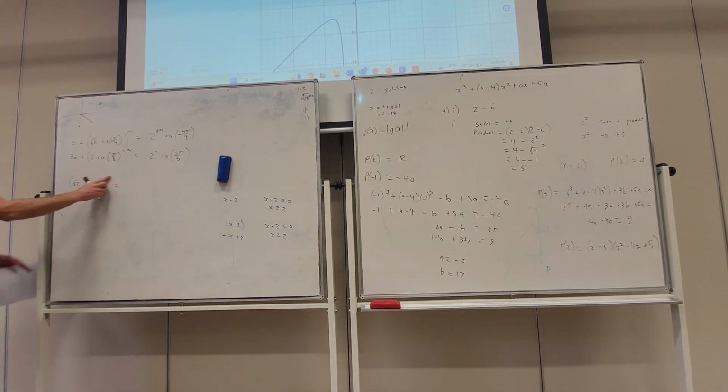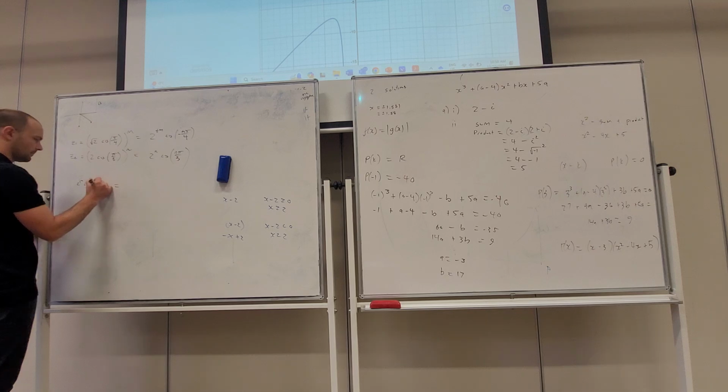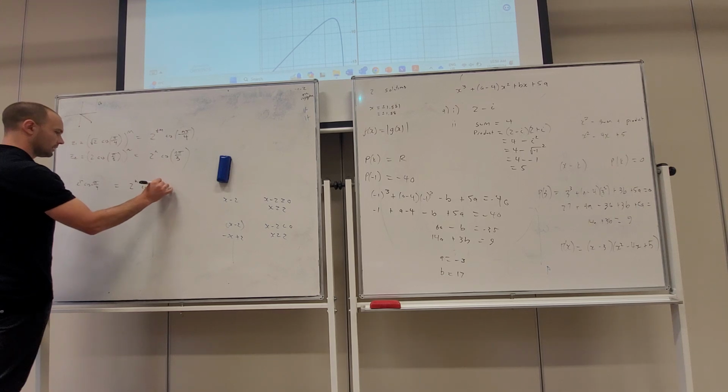All right, so now when we make the statement of equality, what we have is 2 to the half m cis of minus m pi over 4 equals 2 to the n cis of n pi over 3.